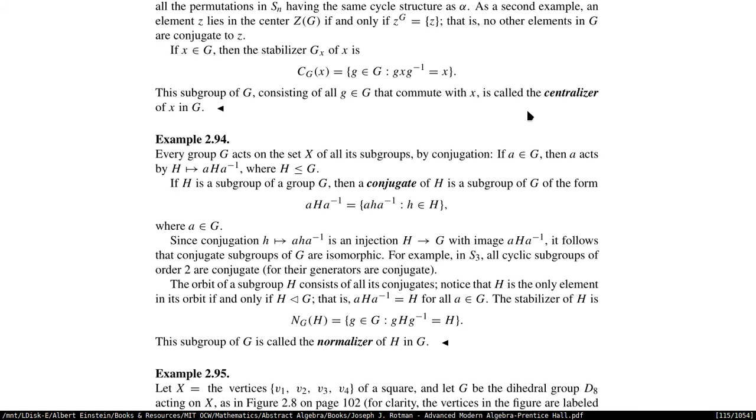Right. So now what you do is you apply Sylow on this centralizer.